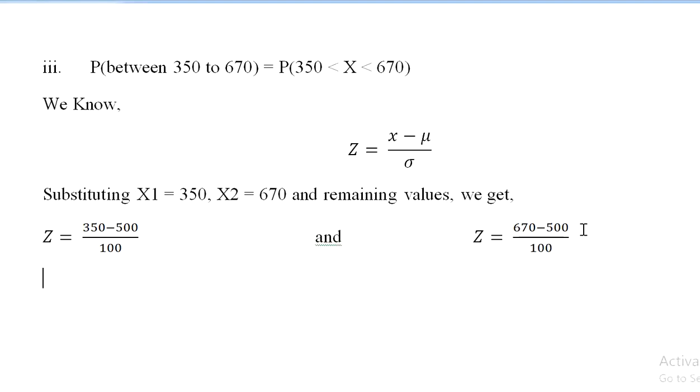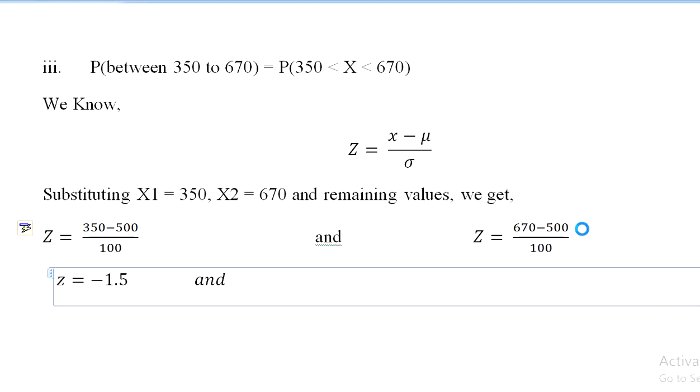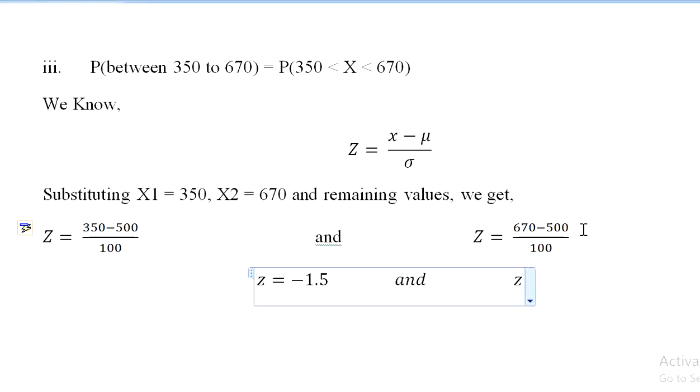The first value is minus 1.5, and the next value of z is 1.7.